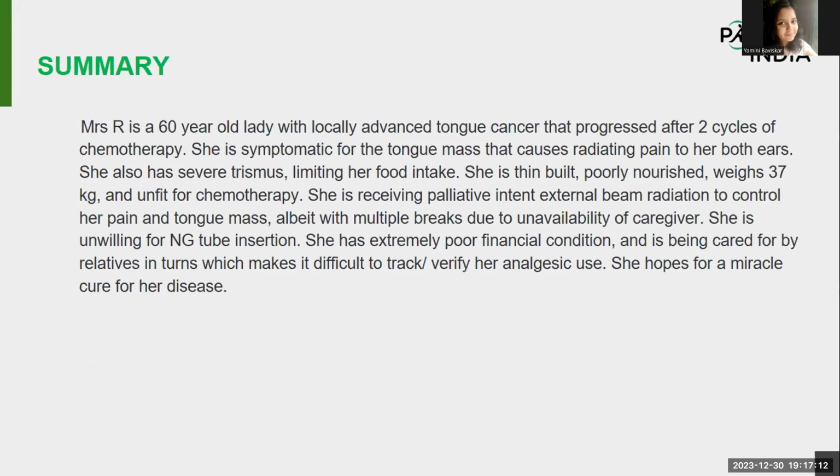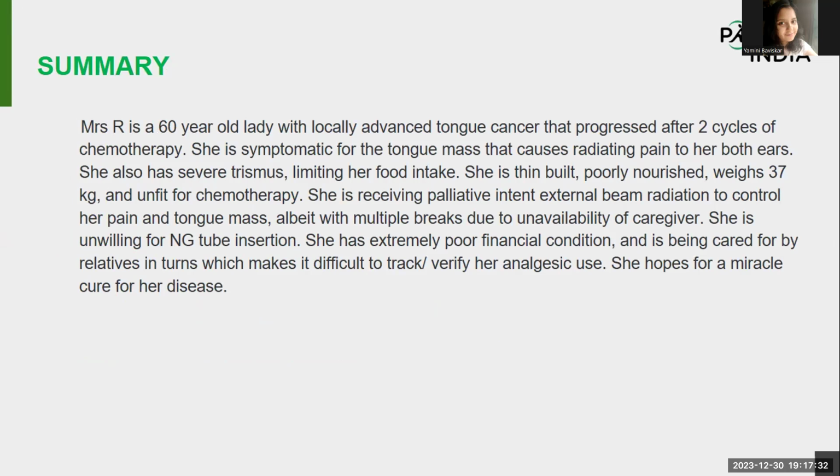To summarize, Mrs. R is a 60-year-old lady with locally advanced tongue cancer that progressed after 2 cycles of chemotherapy. She is symptomatic for the tongue mass that causes radiating pain to both her ears. She also has severe trismus, limiting her food intake. She is thin-built, poorly nourished, and weighs only 37 kgs.